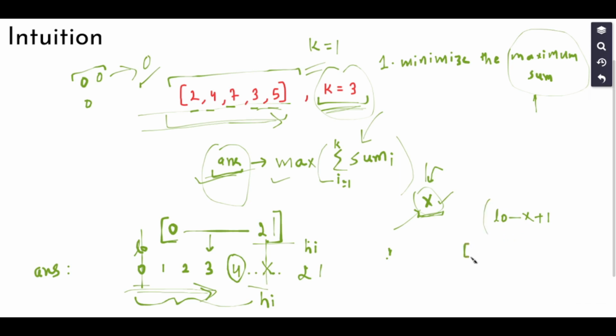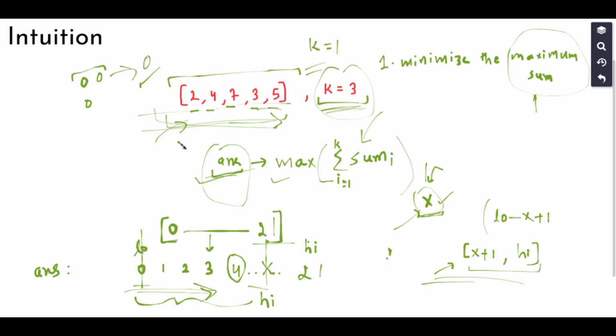So the range goes from x plus 1 to high. That means our answer lies in this range: the minimum integer, which is the maximum sum of all the k subarrays in which we can divide this array. That's the idea.